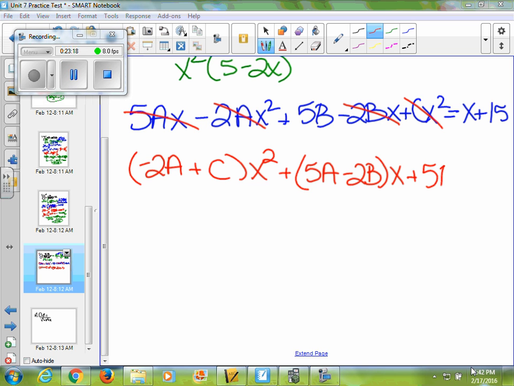And my only constant is just 5b. Okay, so once I've got my grouping done, what do I know that negative 2a plus c equals? How many x squareds do I have in my numerator? 0. So negative 2a plus c equals 0.